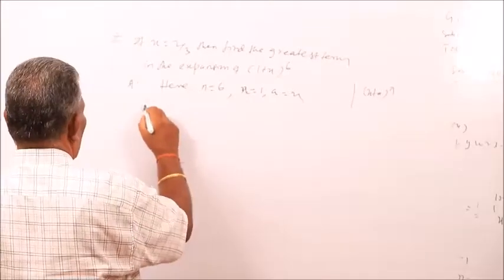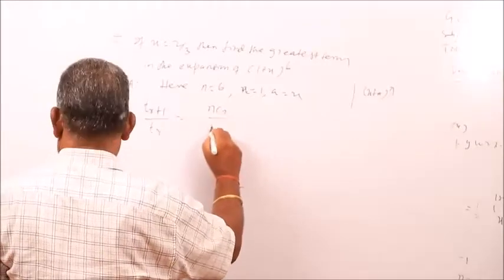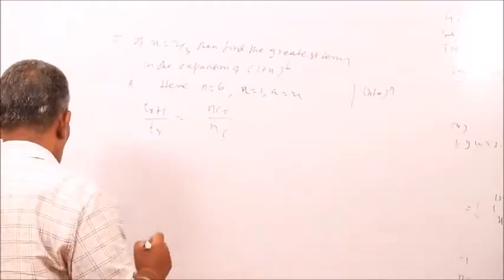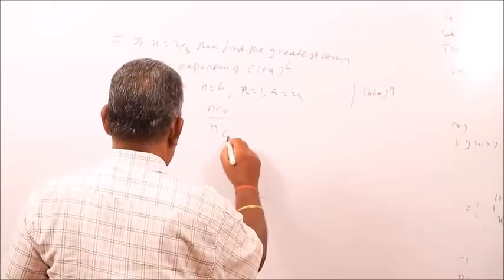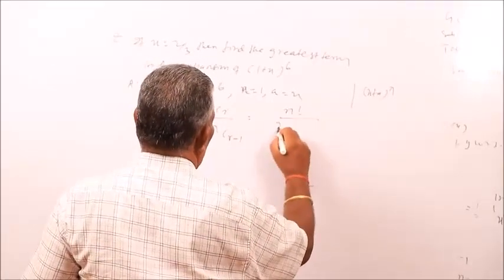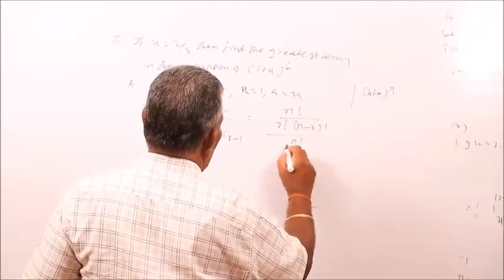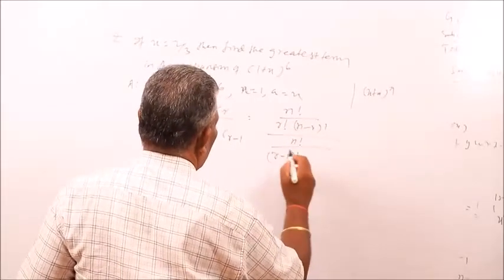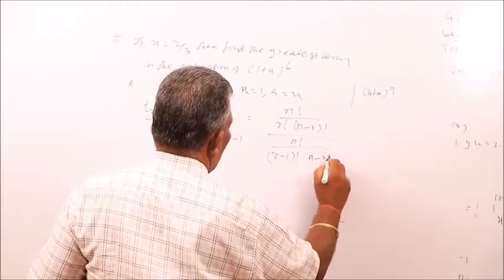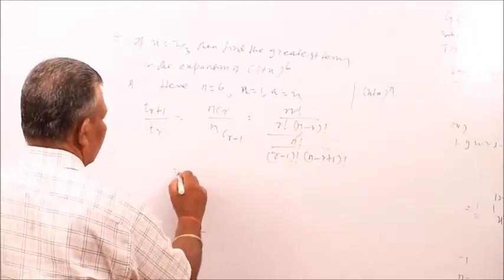So T(r plus 1) by T(r), that is nCr by nC(r minus 1), that is n factorial by r factorial (n minus r) factorial divided by n factorial by (r minus 1) factorial (n minus r plus 1) factorial. So your n factorial will cancel.